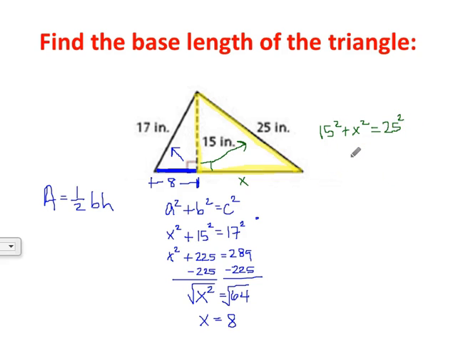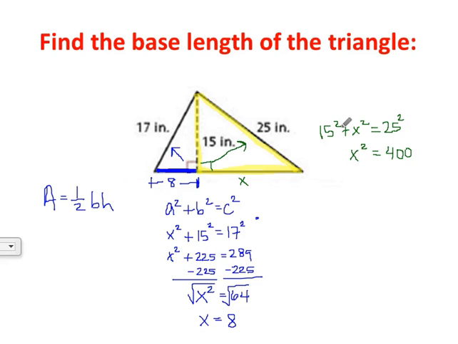So really, if you want to, you can type in your calculator 25 squared minus 15 squared to skip a step there. So we'll have x squared equals 400. What I did was I typed in my calculator 25 squared minus 15 squared.